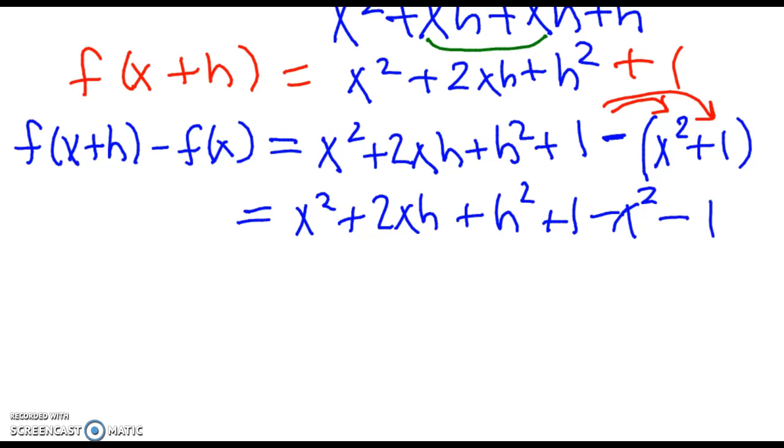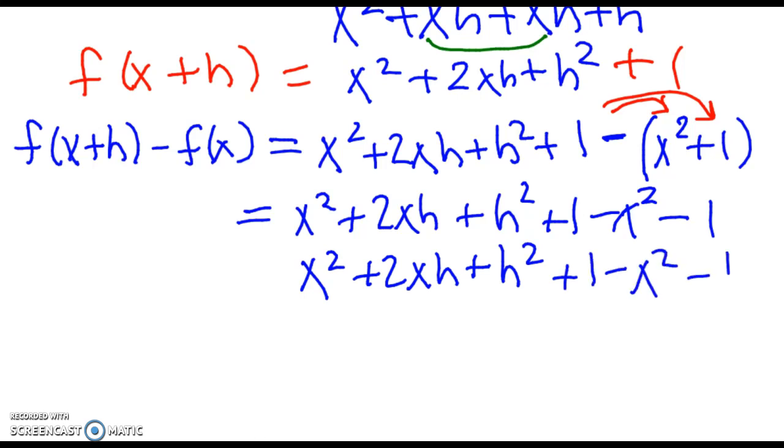As you can see, we have x squared plus 2xh plus h squared plus 1 minus x squared minus 1, and some of our terms will cancel out. X squared minus x squared equals 0. 1 minus 1 is 0, and we are left with 2xh plus h squared.